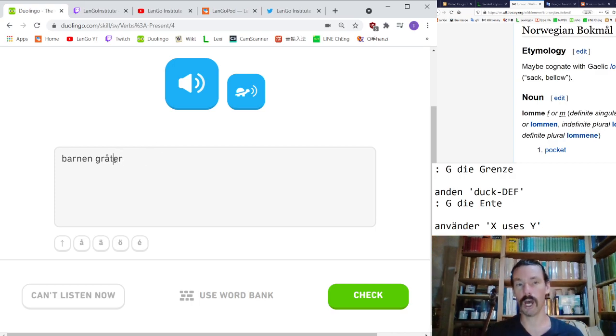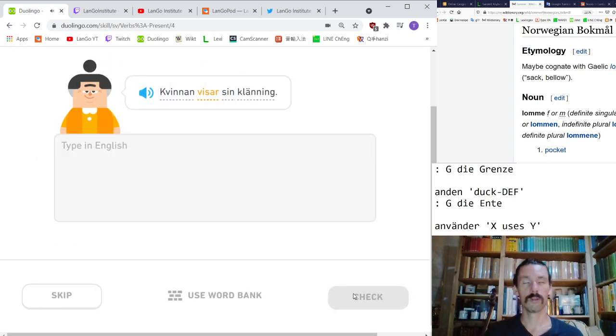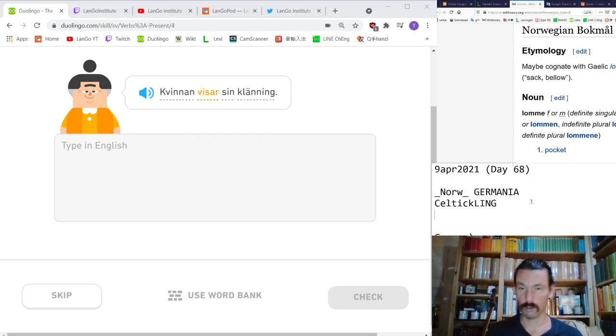Some verbs will have an A in this position. I'm sure. Kvinnan visar sin klänning. Kvinnan visar. Kvinnan visar sin klänning. Visar. Shows. Causative. So on the topic of causative, been of interest.